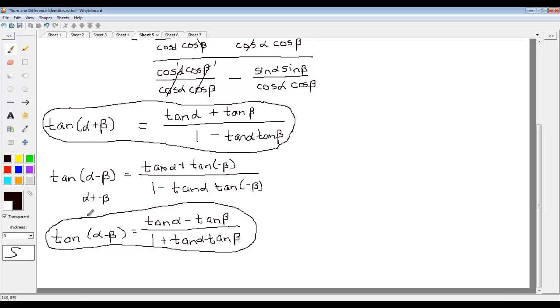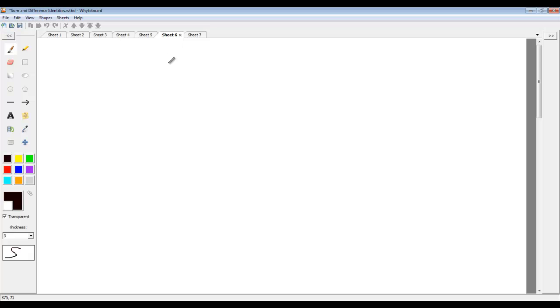Alright, let's look at an example where we'll work with that and use it. Okay, let's say you have something like the tan of 13 pi over 12. Well, on our unit circle, we have denominators of 3, 4, and 6.